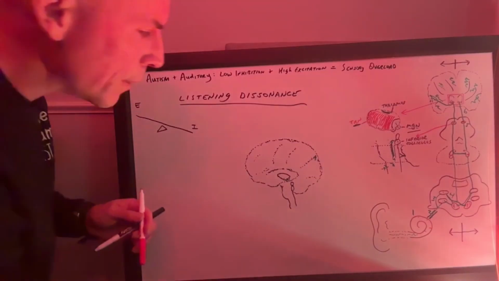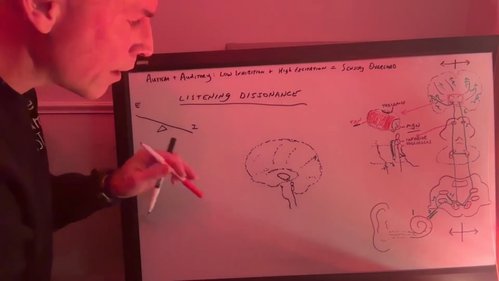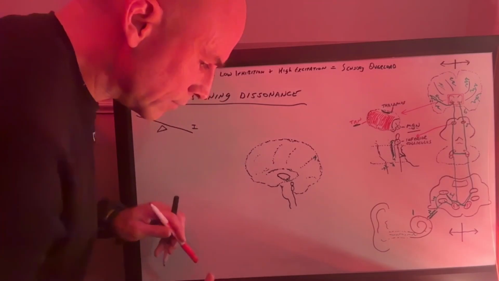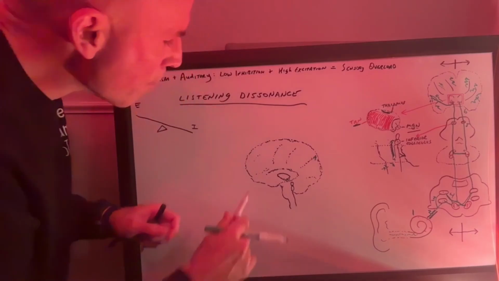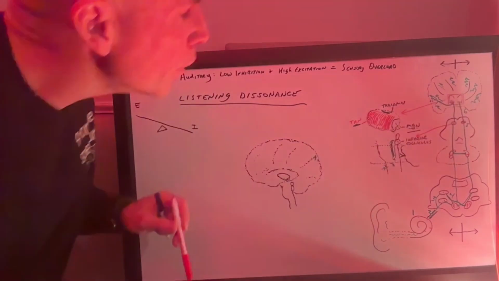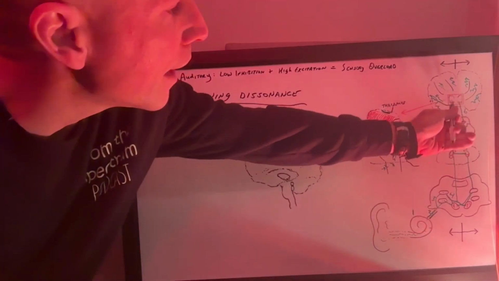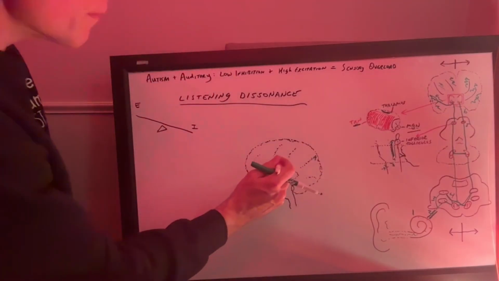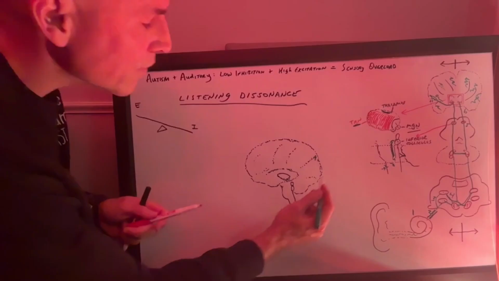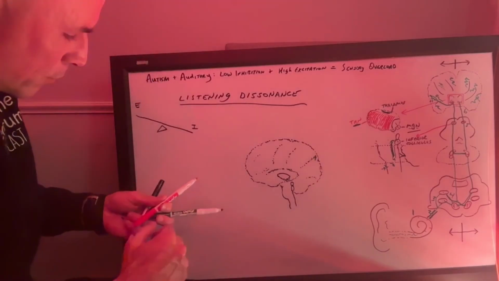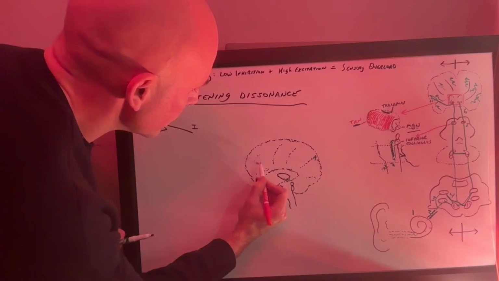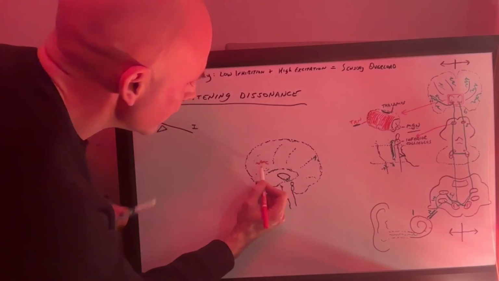Okay, so the big thing with listening dissonance here, with recruiting the rest of this cortex, is going to be massive. To compensate for this overwhelming noise coming through into the thalamus and the auditory cortex, the brain and your sensory processing will attempt to recruit distal connections, especially the medial prefrontal cortex, which is here.